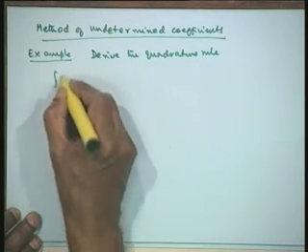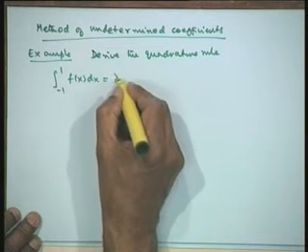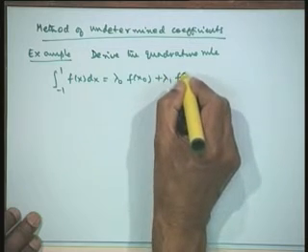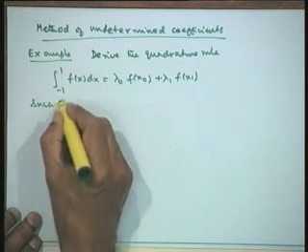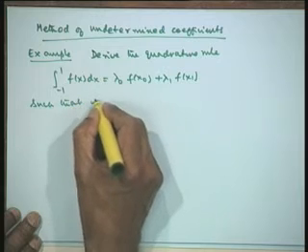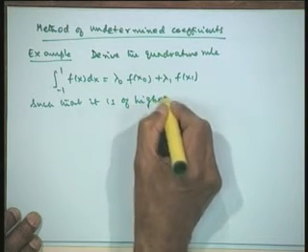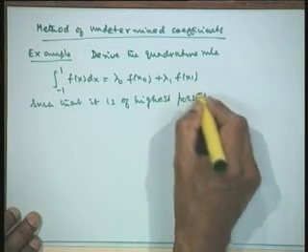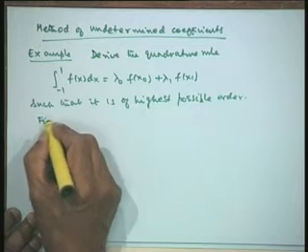Let us take the one that we know very well: integral from minus 1 to 1 of f x dx is lambda 0 f x 0 plus lambda 1 f x 1, such that it is of highest possible order. Find the error term.